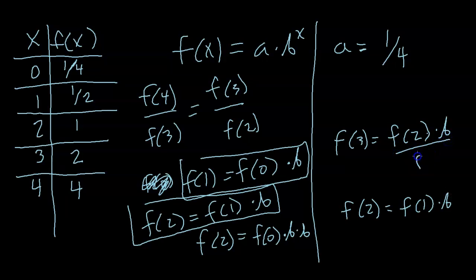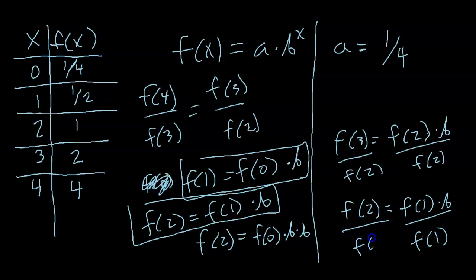So for example, if f of 3 equals f of 2 times your common ratio, or if f of 2 equals f of 1 times your common ratio, right? Well, we could always divide both sides by f of 2, right? Or down here, we could divide both sides by f of 1, right? In both cases, we get our common ratio by itself, right?